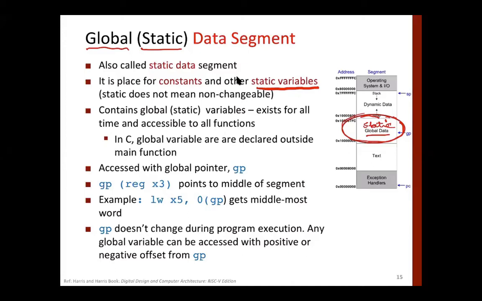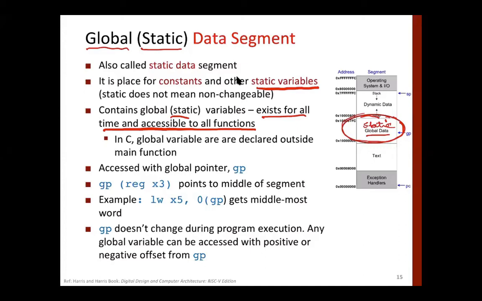So it exists all the time and is accessible from all the functions. So those data items which you call static will come here, and constants will also be placed here.